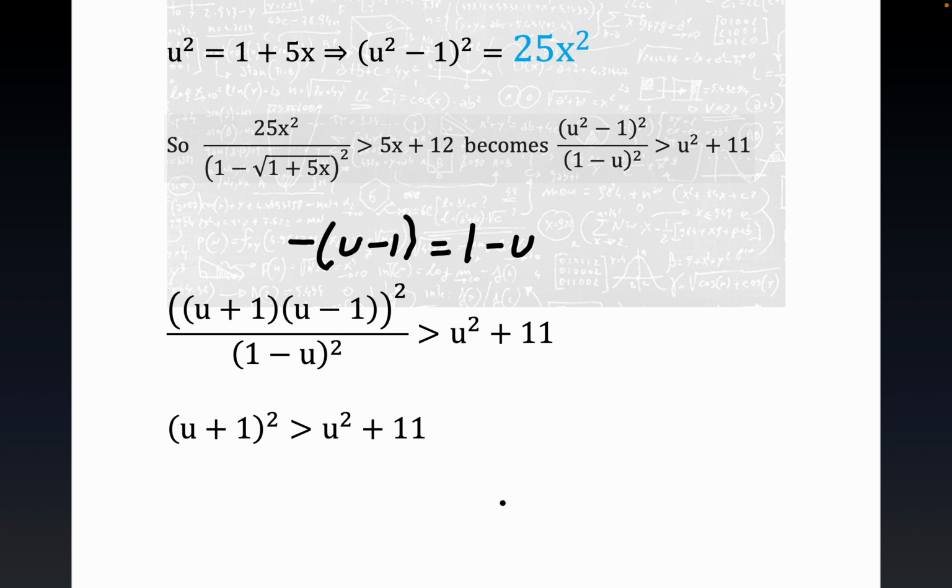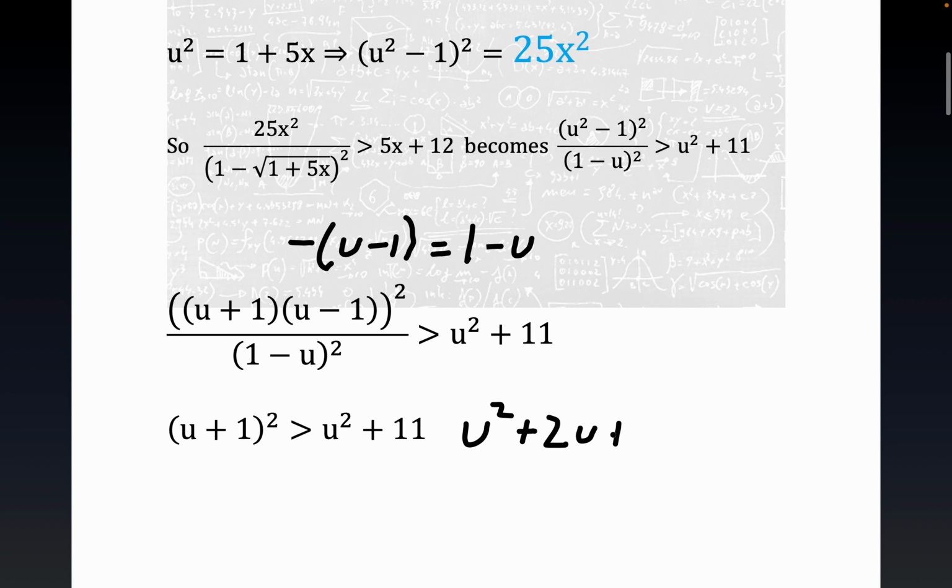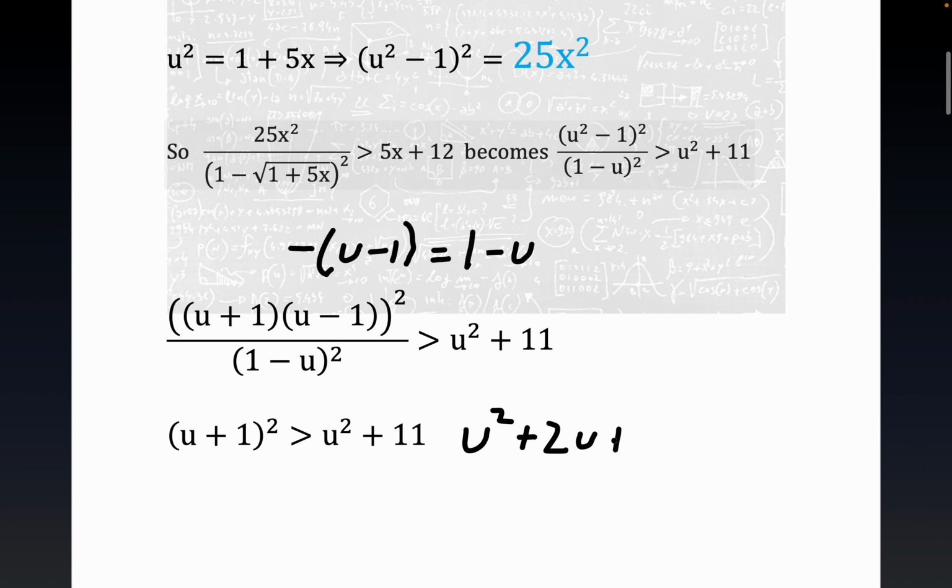So what do we get out of this? When you expand this out, you get U squared plus 2U plus 1 greater than the right-hand side, which is U squared plus 11.